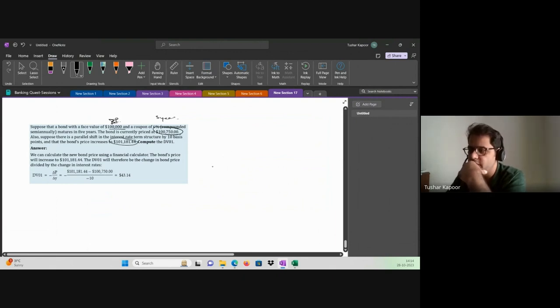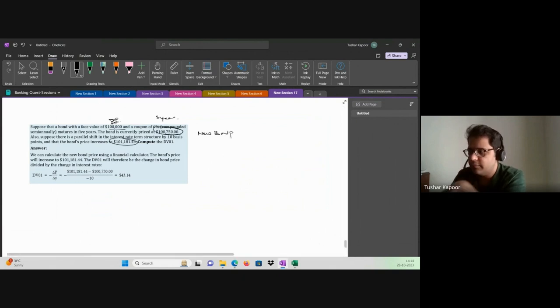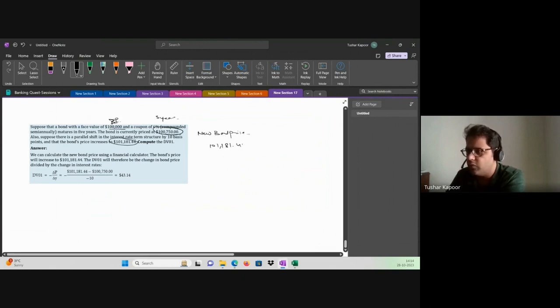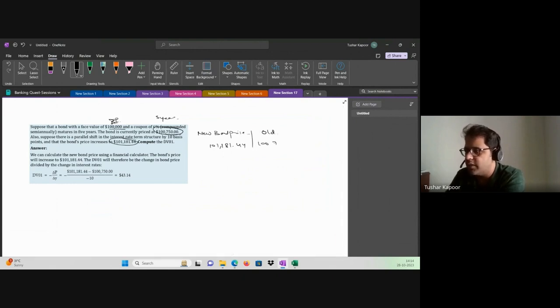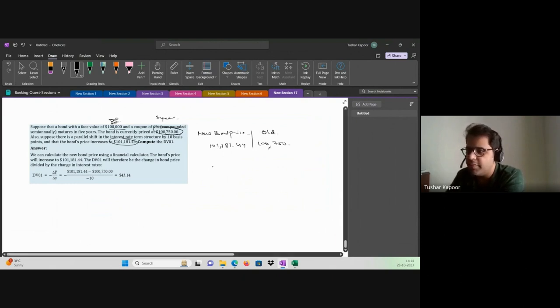The new bond price is 101,181.44 and the old bond price is 100,750. The term structure changes by 10 basis points. So the change in yield that has effectively happened is 10 basis points, which is 0.001.